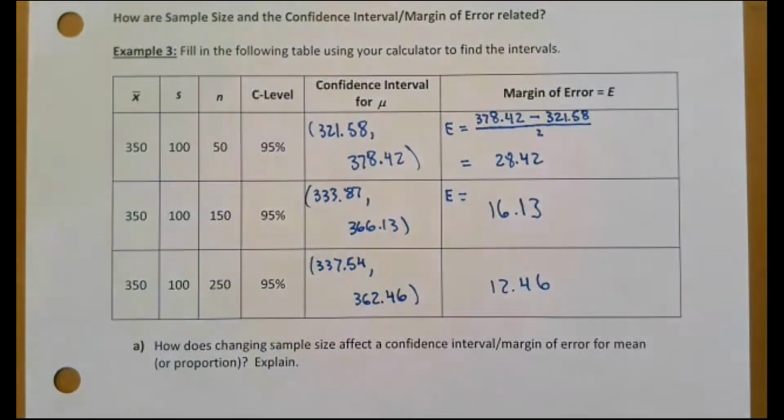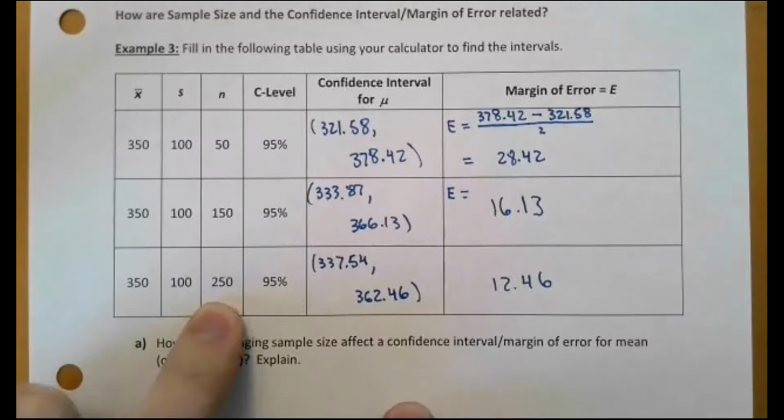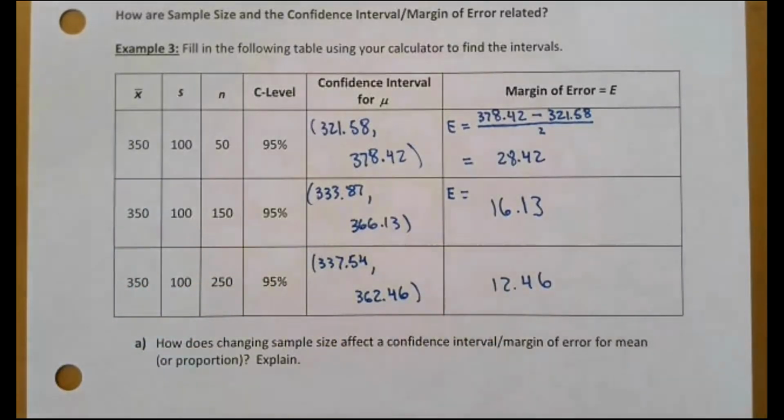In fact, if I took all of the students in the class and calculated the mean, I would know the exact mean. So the closer our sample size gets to the size of the population, the smaller our confidence interval, because we're actually getting closer and closer to calculating the parameter itself. So that's the logical reason of why it's happening.